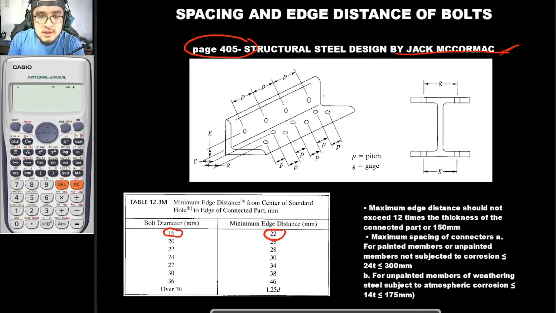So what that means is that from this point right here, the center of your bolt, up until the edge, the minimum distance should be greater than or equal to 22. If you would be using 36 bolts, the minimum edge distance from the center of the bolt to the edge is to be 46.